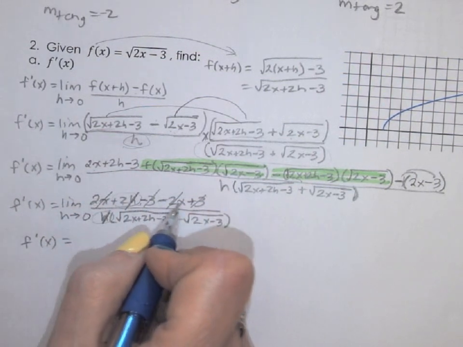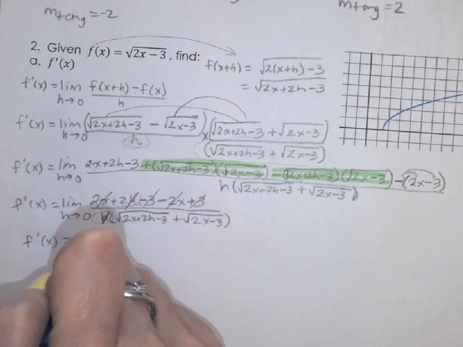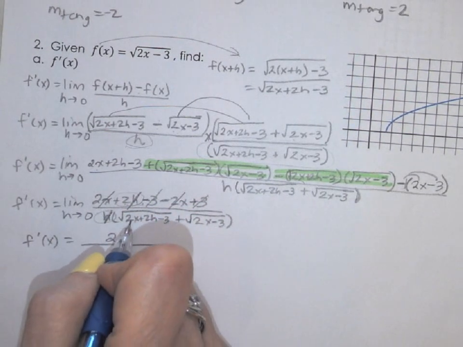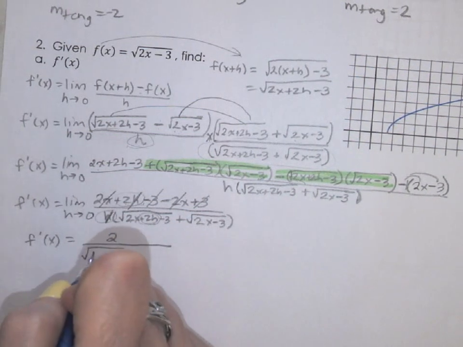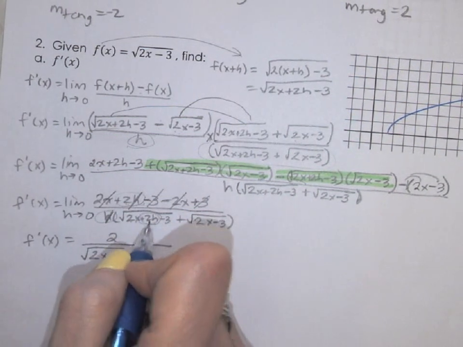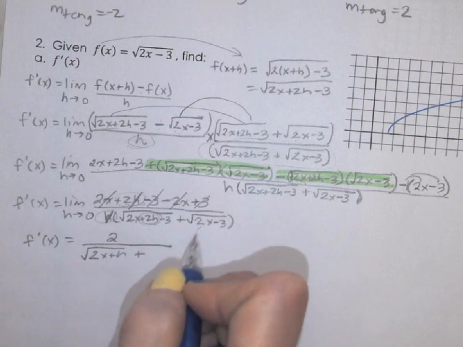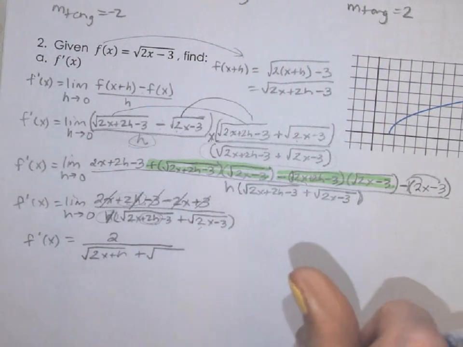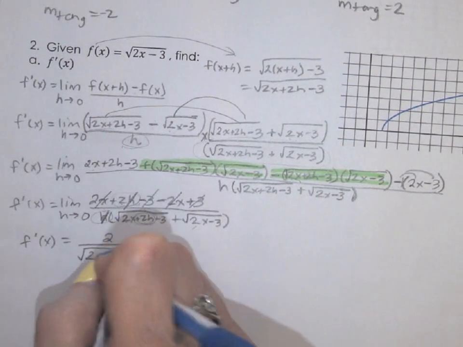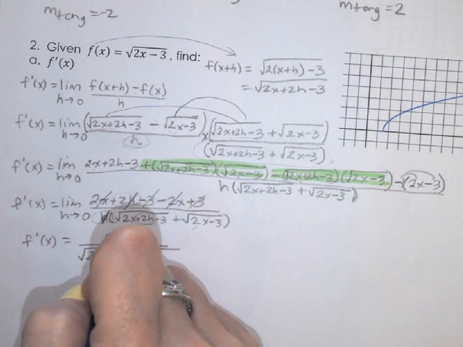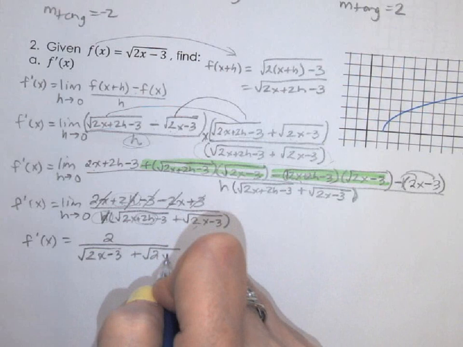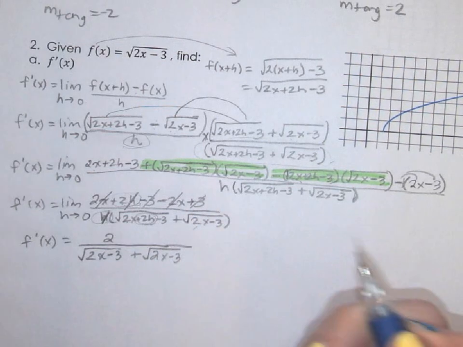As h approaches 0 in the numerator, I'm just left with 2. In the denominator, as h approaches 0, this term here approaches 0, so I'm still going to have the square root of 2x plus h from here, plus the square root of 2x minus 3, my bad, because h is approaching 0, plus another square root of 2x minus 3.